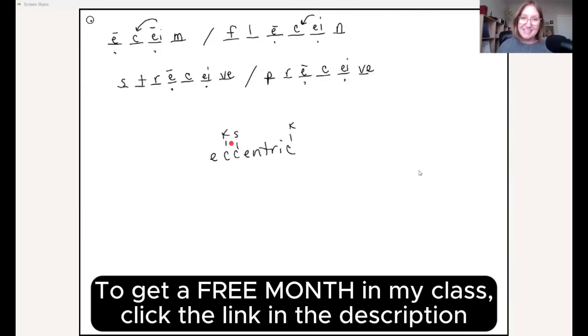Now, if you'll notice, this KS is the same sound that an X makes when it's combined really fast. But it's not combined super fast in words like eccentric. Our word that we're going to be spelling, our nonsense word, is not going to be spelled with an X. And it's not going to be spelled with a KS.